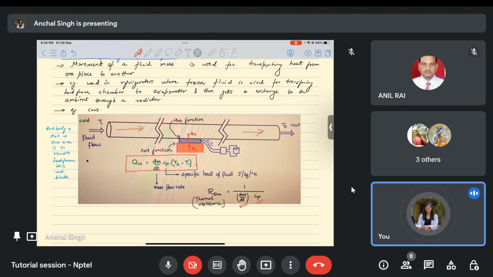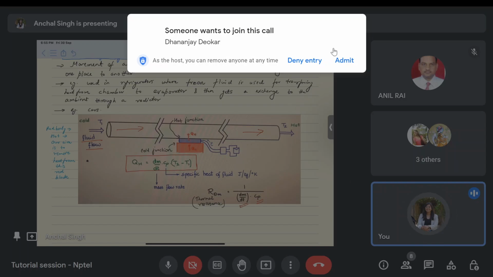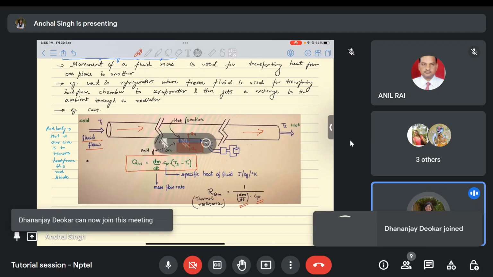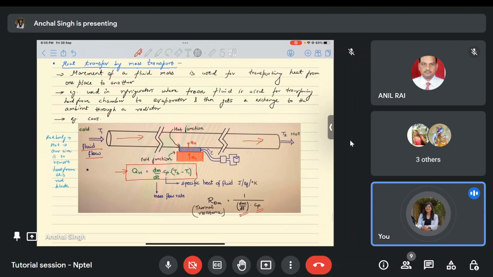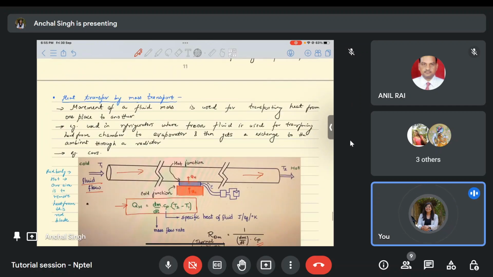So depending on these parameters, at what rate I am flowing this fluid, at what speed with respect to time, and what is the specific heat of the fluid, what kind of fluid it is, whether it's a freon or normal water. All these parameters will determine the heat that we are able to pump from this junction. Okay, so these are all the standard formulas for different types of heat transfer mechanisms.